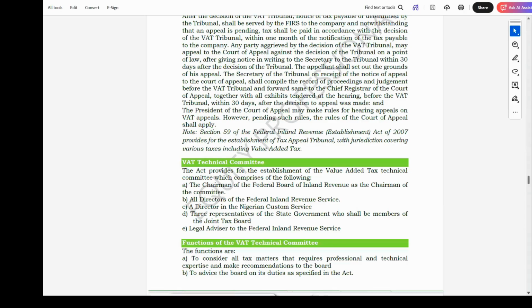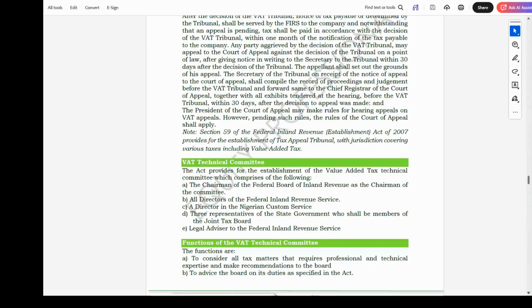So when an item is being imported, the director from the Nigeria Customs Service is also part of the VAT Technical Committee. Three representatives of the state government, who shall be members of the Joint Tax Board. The legal advisor to the Federal Inland Revenue Service. So these five members are members of the Technical Committee.